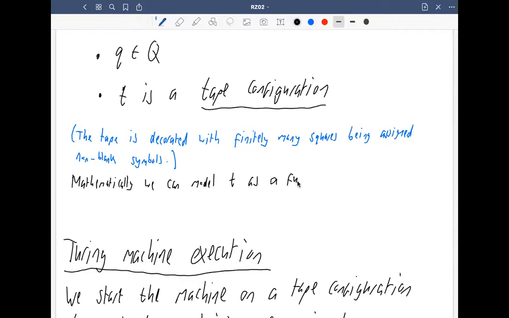So we can simply model T as a function from the integers to gamma that takes the value blank on almost all integers, so on all but finitely many integers.